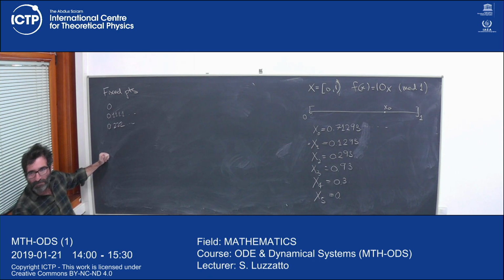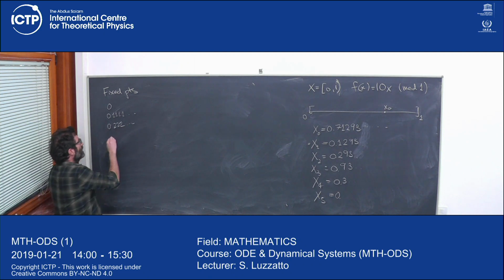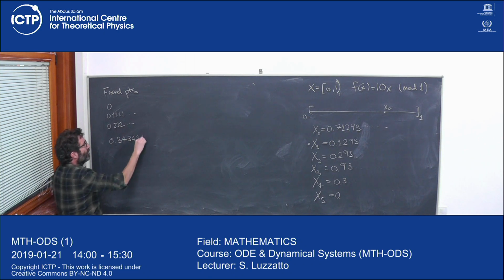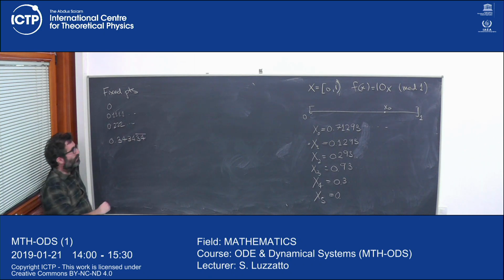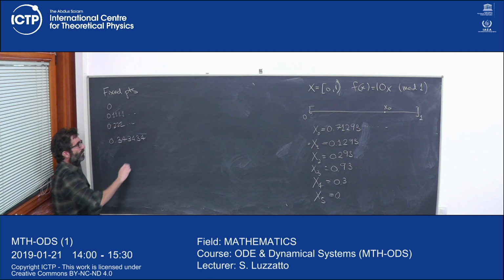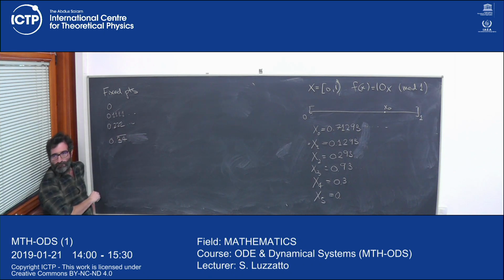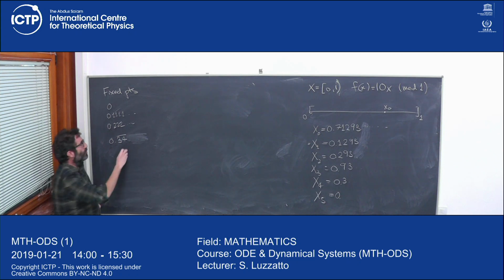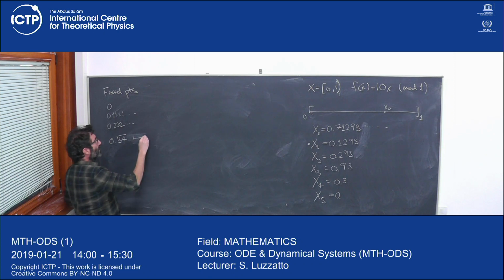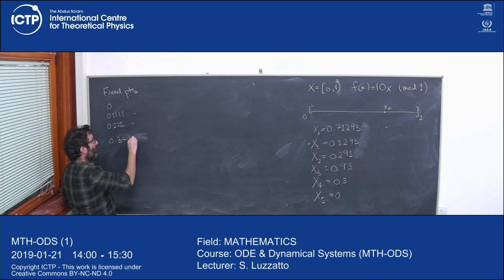Periodic points. Periodic would be the numbers of repeating digits. Exactly. So 0.34, 34, 34, periodic. This is a periodic point of period 2, because when you take the image, this is 0.34, 34, 34, and so on repeating.